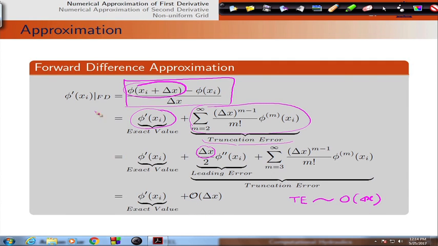So, in forward difference we have the exact value plus some amount of truncation error, which is of the order delta x.